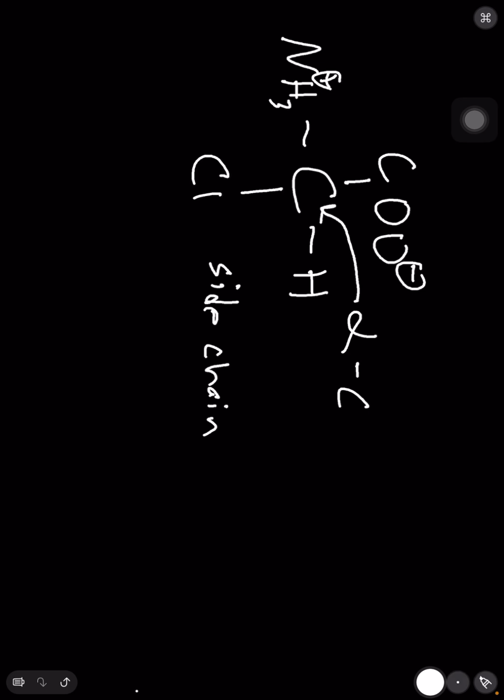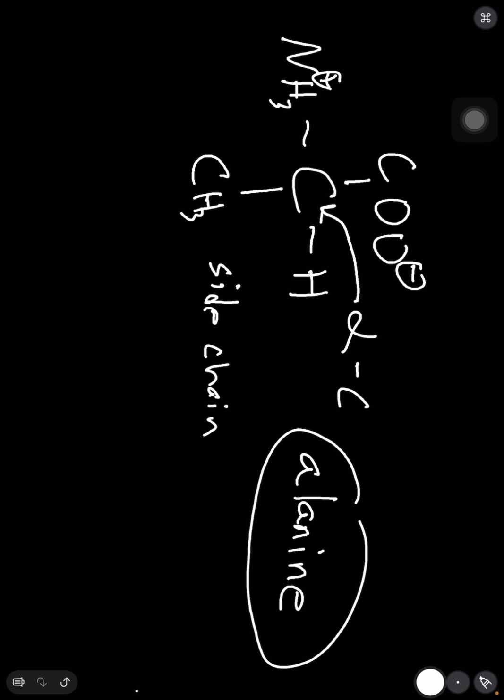Let's say we had a CH3. If we have a CH3, that means that our amino acid is alanine. All right? The identity is entirely decided by this.